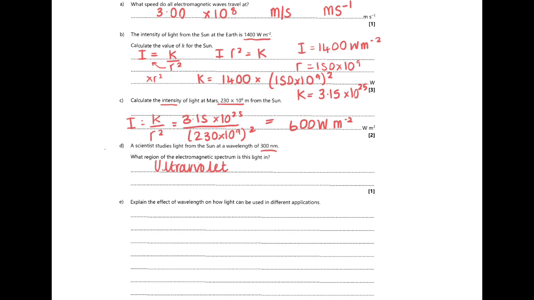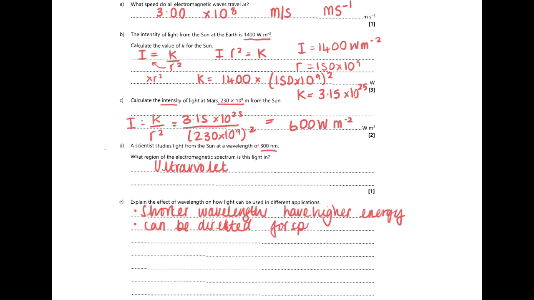And E, explain the effect of this wavelength on how we can use light in different applications. So a short wavelength has a high energy. So your first point here would be that shorter wavelengths have higher energy. And we can use this for specific effects. It can be directed for specific effects.